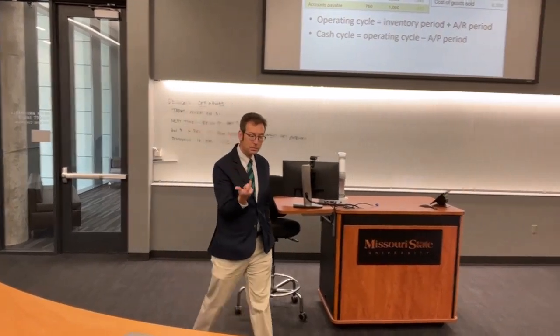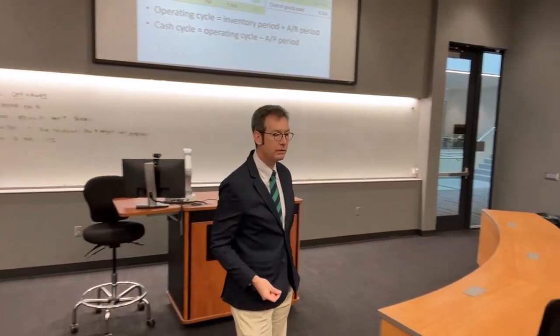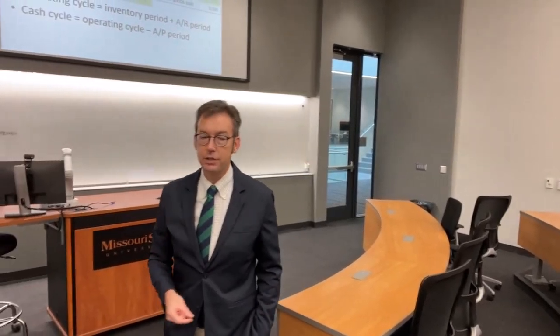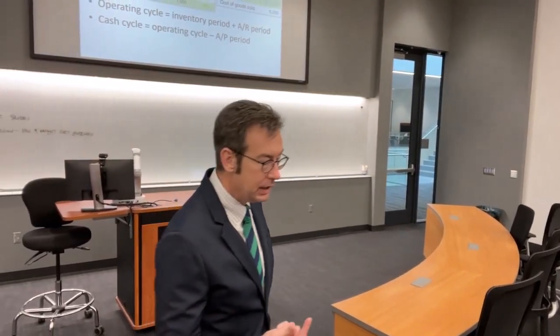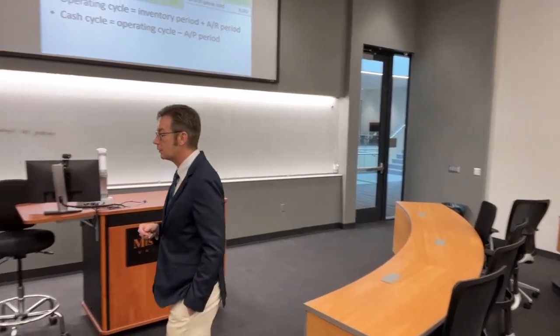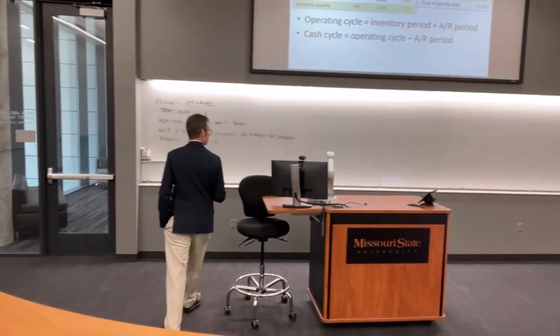We've got 2,000 at the beginning and 3,000 at the end. Average. Yeah, it's the average. And so if I give you beginning and end, what you do is find the average. What if I only give you one number? Use that number. But keep that in mind. If I've got beginning and end, I'm going to find the average.